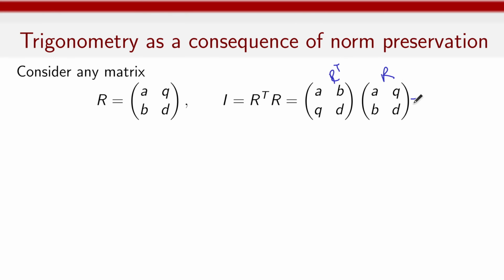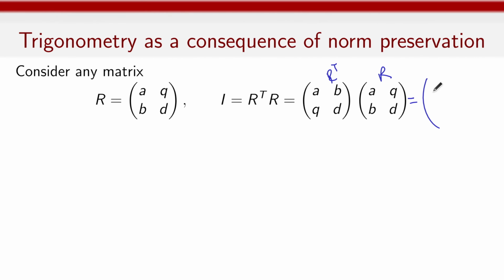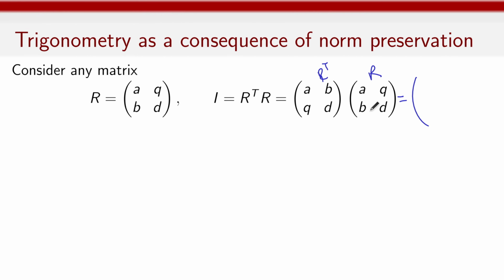Doing operations, we find that the 1,1 term is a squared plus b squared. The 1,2 term is aq plus bd. The 2,1 is qa plus db, which is the same as this one. And the 2,2 element is q squared plus d squared.